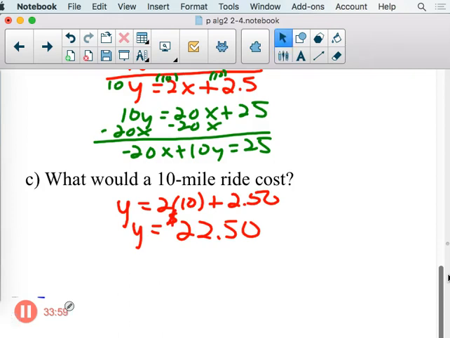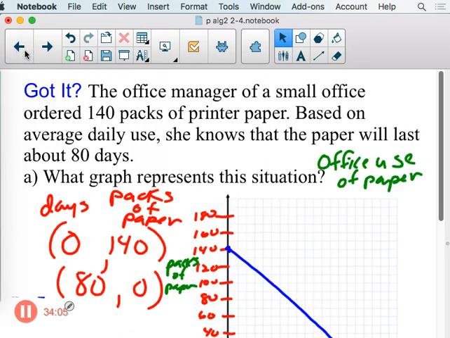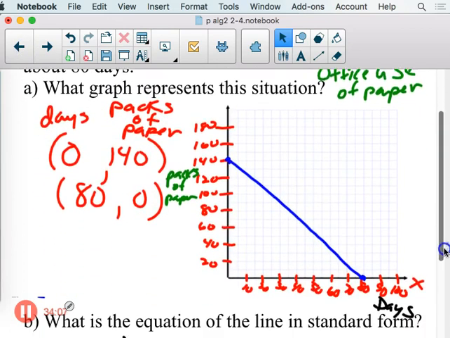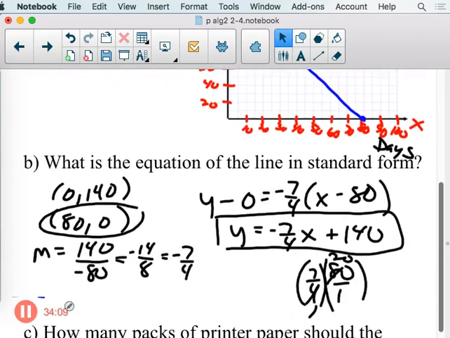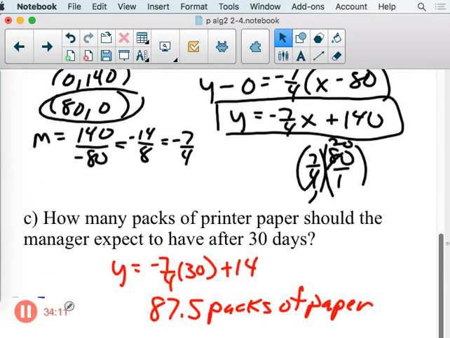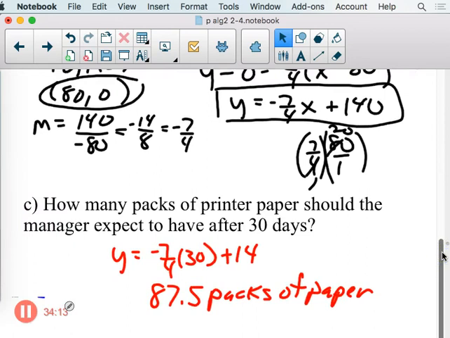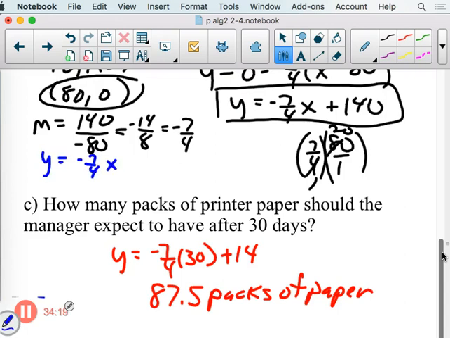All right, so we do have to go back to the office manager one because I didn't follow directions. Right down here. So right now, it looks like that. y equals negative 7/4 x plus 140.